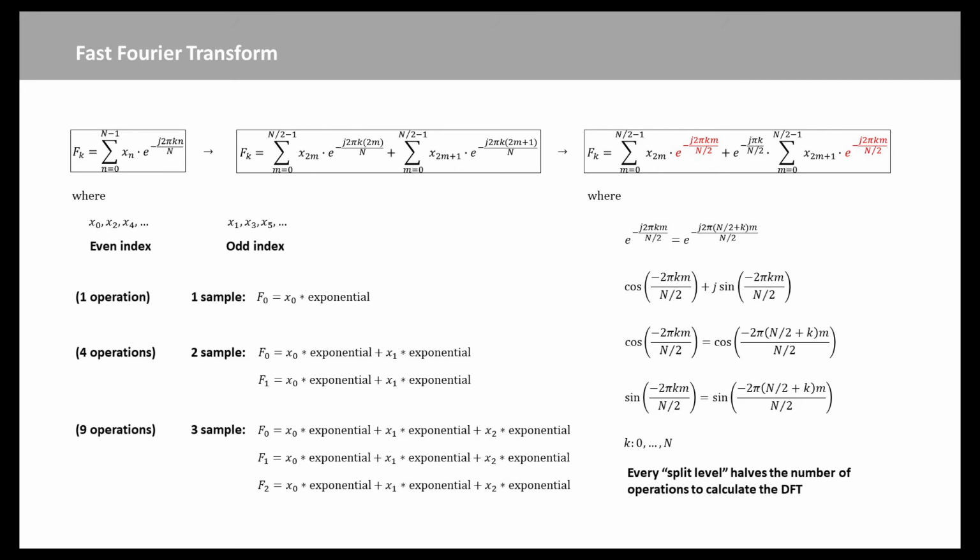This is what is called the symmetry identity. As a result, because k runs from 0 to n, everything repeats after k equals n over 2. We can repeat this process and divide each of these summations into their own summations. Every time we split the summation, we halve the number of operations to calculate the DFT.